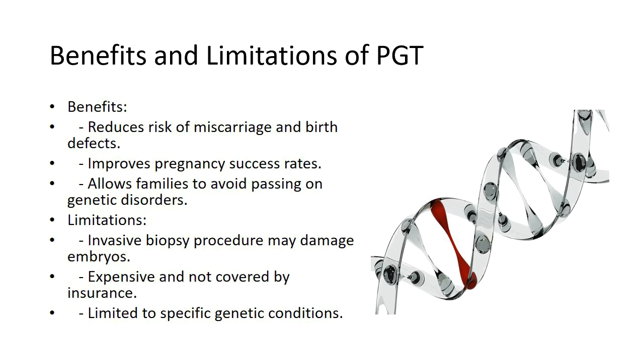Limitations. Complexity. PGT-SR can be more complex than other forms of PGT due to the need for specialized testing of chromosomal structural issues. Not applicable to all patients. This test is only available for couples with known chromosomal rearrangements.